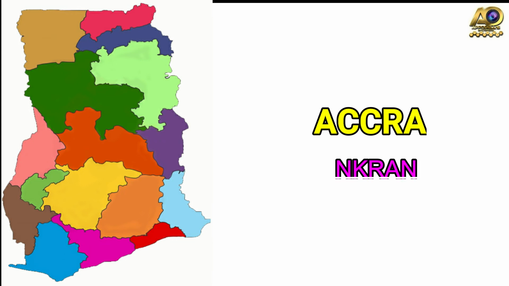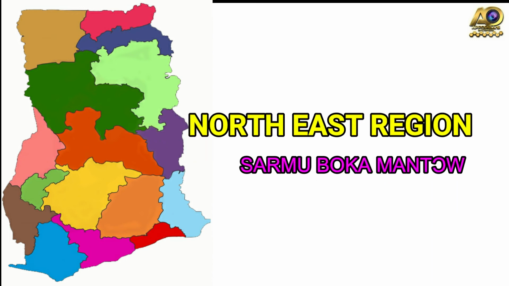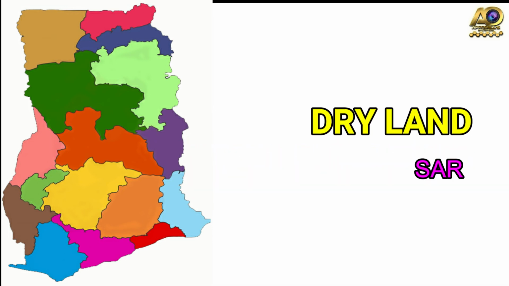When we're talking about the regions, we said the northeast region is Sarmu Boka Mantle. Now Sar has to do with a dry area, desert, sunny, a place that has a lot of sunshine daily. But when we say mu, it means in.